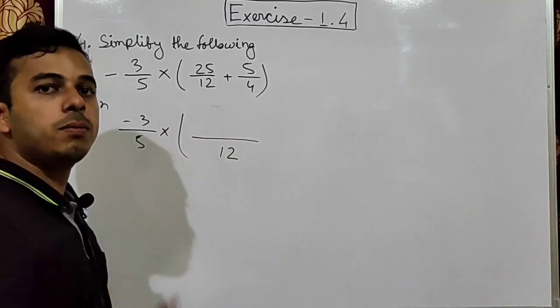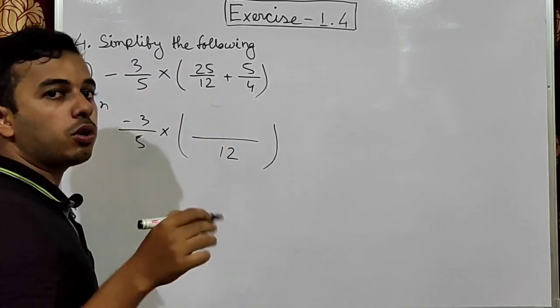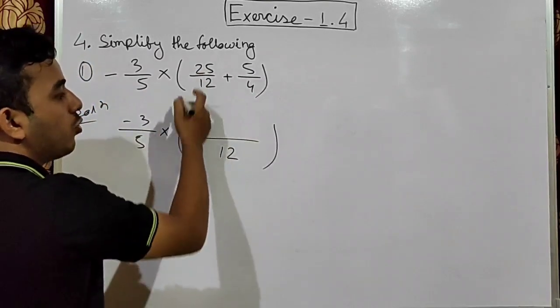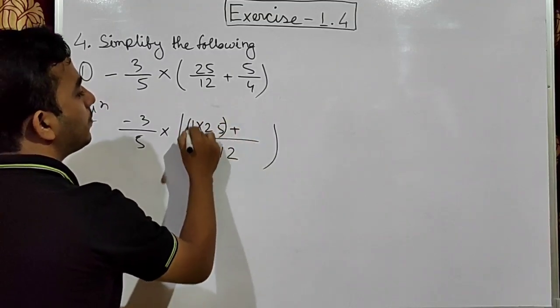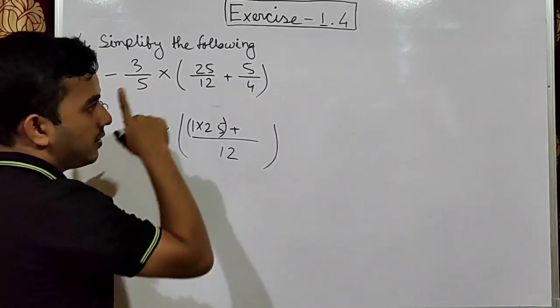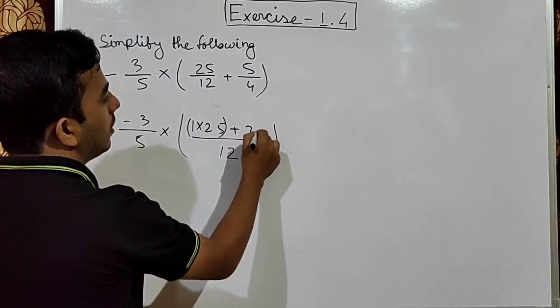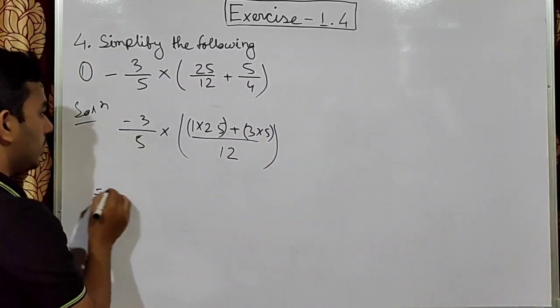Now 4 is also divisible into 12, isn't it? Very good. Now when 12 is divided by 12, we get 1. So 1 into its numerator, that is 1 into 25, and plus, when 4 is divided into 12, 3. 3 into 5 is how much? Up to this clear? Very good.